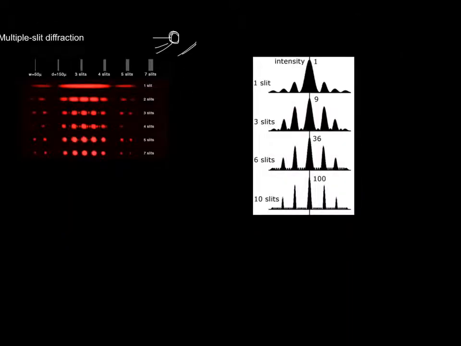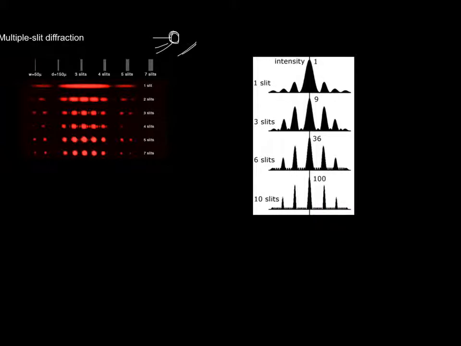Here's the other picture, and you can see that at the beginning we just have primary maxima, then later we have primary maxima followed by a secondary maximum, then primary maxima followed by a bunch of secondary maxima. Careful, here's 6 slits. And then as the slits go more and more, the maxima get narrower and the secondary maxima get smaller and smaller until they're almost invisible.